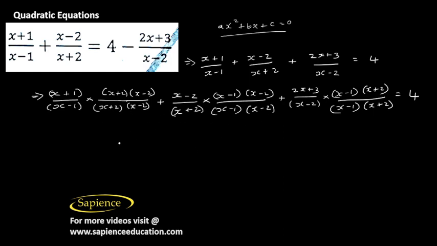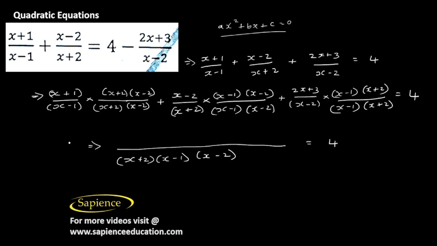So we can write one common denominator, x plus 2 into x minus 1 into x minus 2, and we can start simplifying the numerator. Now the numerator part for the first term.